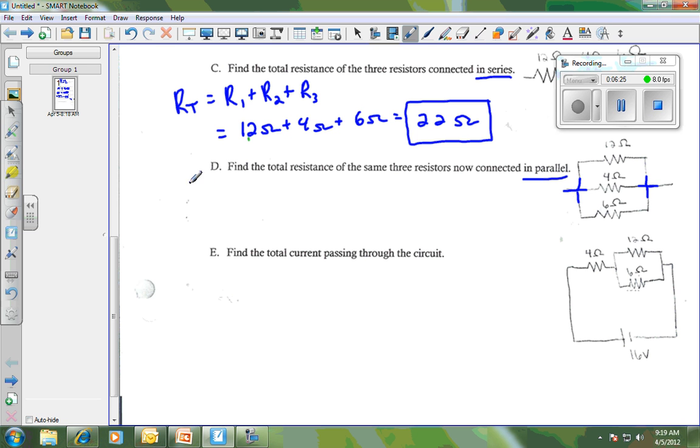So here's how we find it. 1 over the resistance total is equal to 1 over resistance 1 plus 1 over resistor number 2 plus 1 over resistor number 3. When we're adding fractions, what do we have to do?